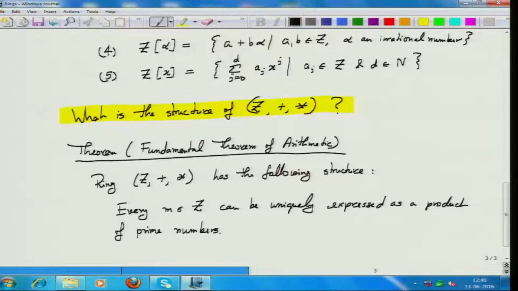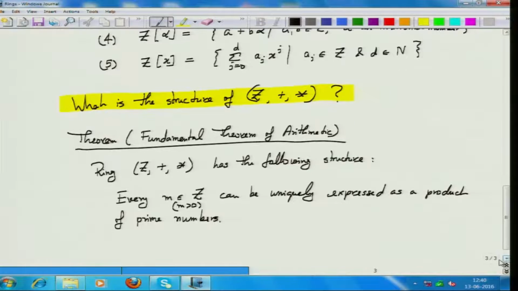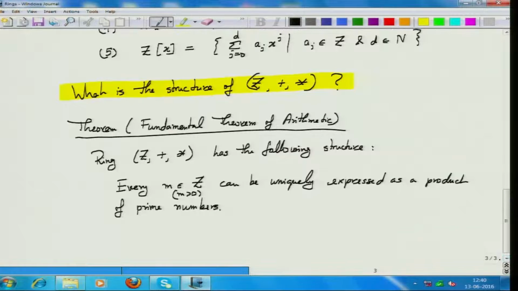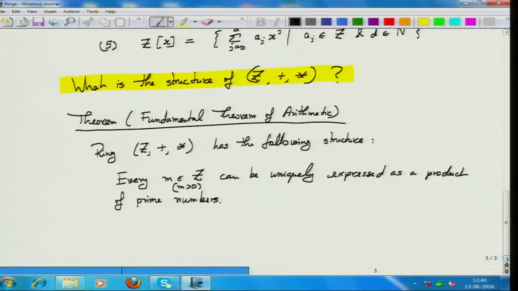A negative number one has to multiply with -1, which is not exactly a prime number, and that we have to also use in the product. So every m in Z, m greater than 0, can be uniquely expressed as a product of primes. Okay. So that's the basic structure of the ring of integers.